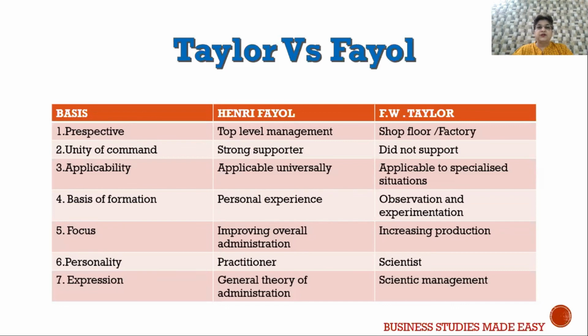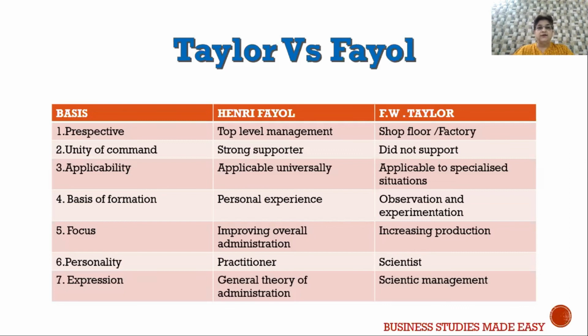Then basis of formation: Fayol's principles were based on personal experience, like division of work, etc. And Taylor's were based on observation and experimentation. And focus: Fayol focused on overall administration because he talked about the management or the administration. And Taylor talked about the shop floor, remember? And he talked about increasing production or productivity.